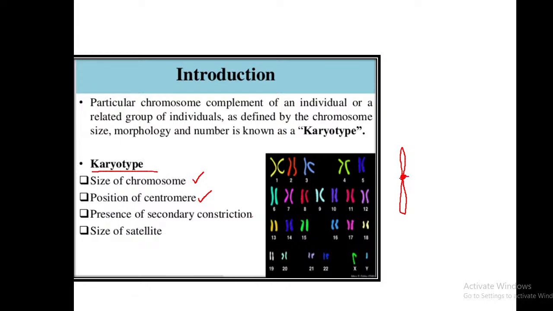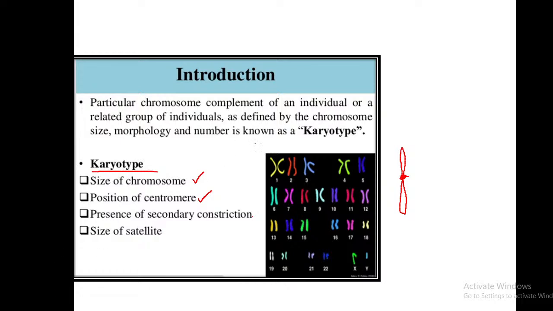The centromere or the constriction is taken into consideration, and the size of the satellites in the chromosome is taken into consideration. So karyotyping is the total chromosome constitution.